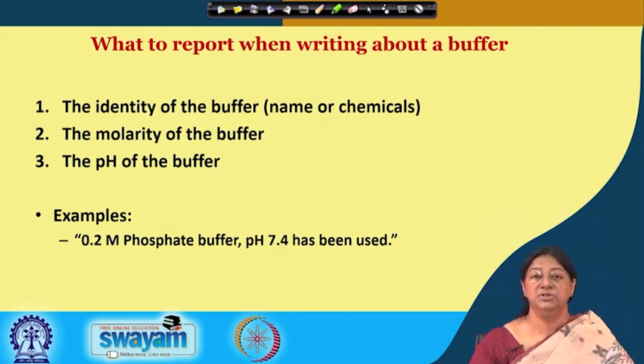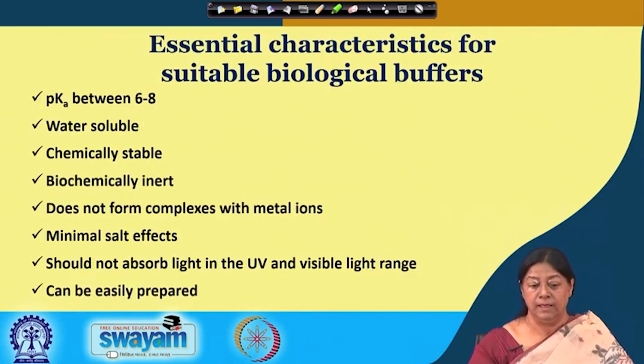If this information is available, then this gives us the identity of the buffer, it gives us the molarity of the buffer and it gives us the pH of the buffer, and with the knowledge of how to prepare phosphate buffers, this specific buffer can be prepared in the laboratory.